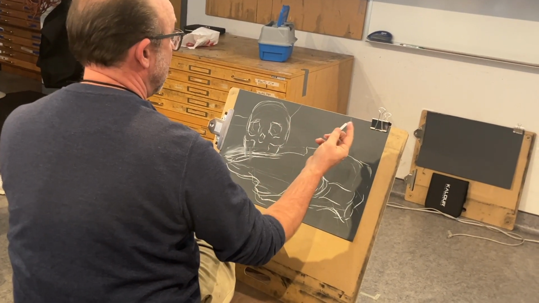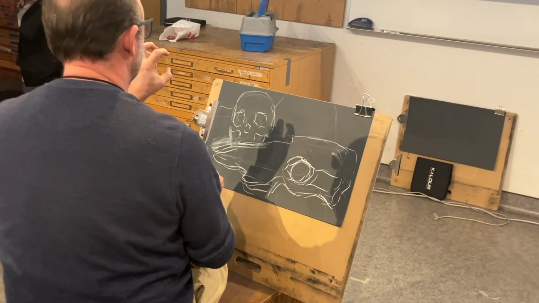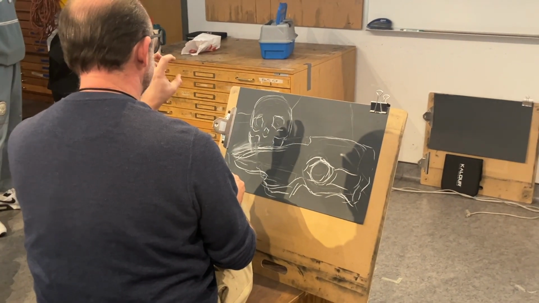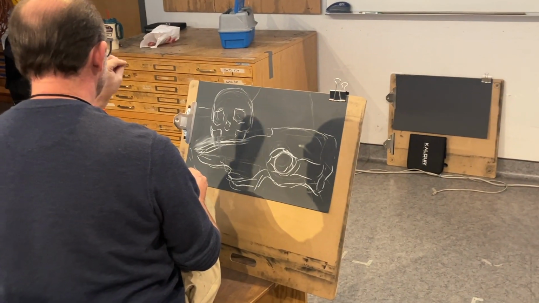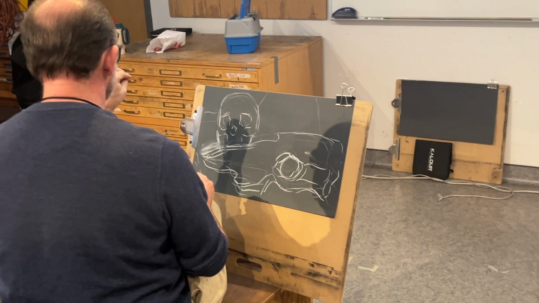So once I've got that dealt with, which feels okay to me, then we can come in with our chalk and we can start blocking in not the shadow but the light. Now this is very important, so pay attention to me.